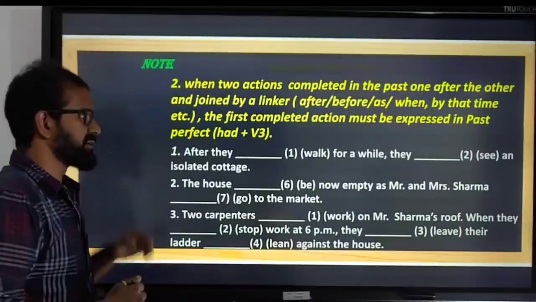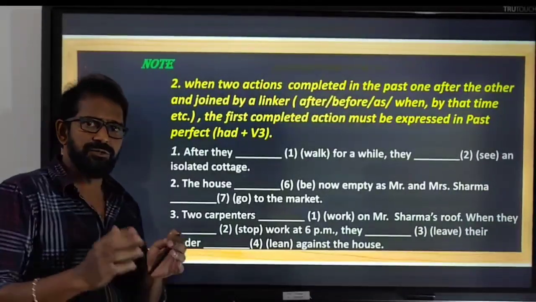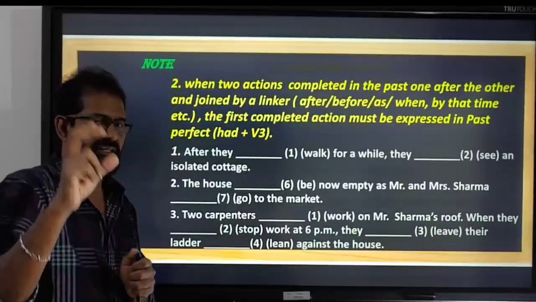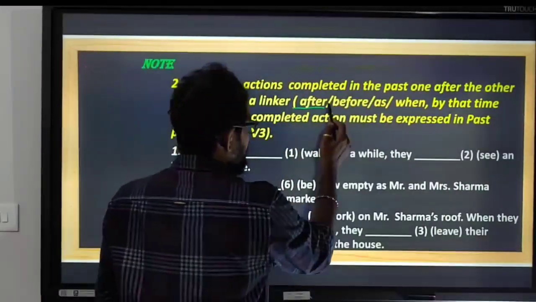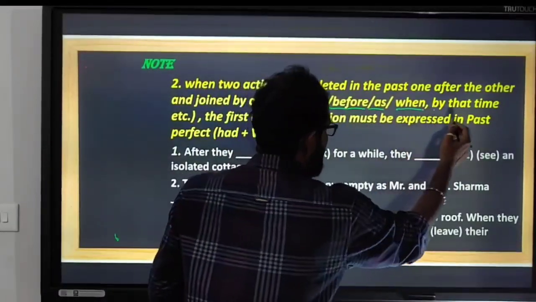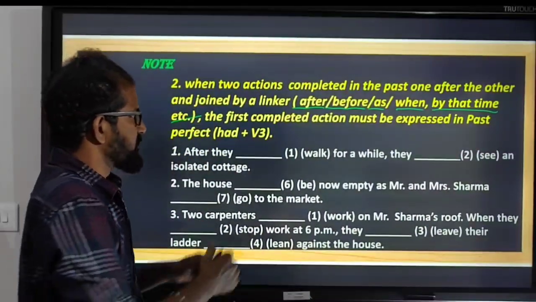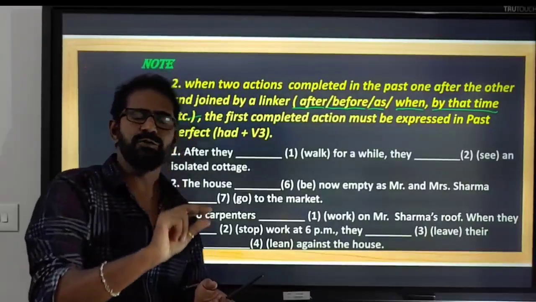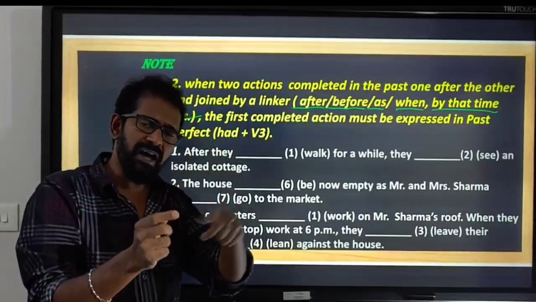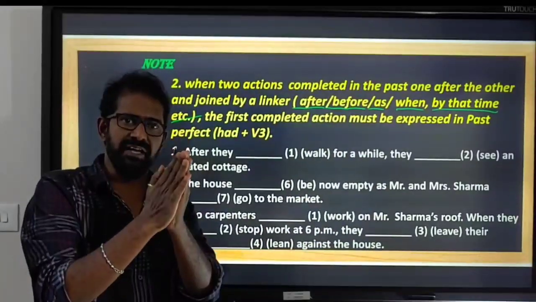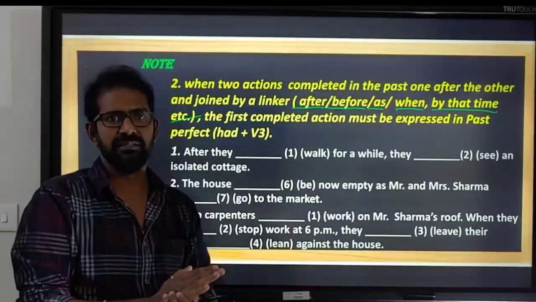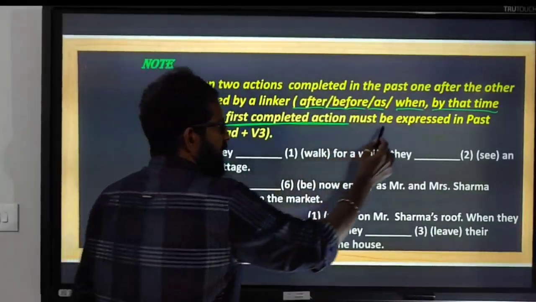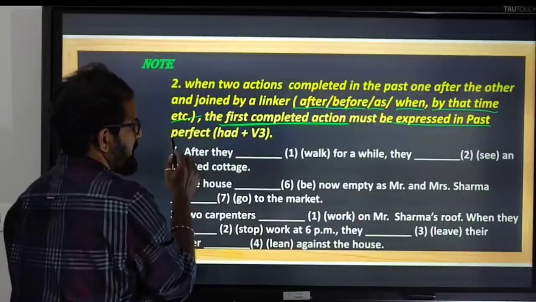Next very important point. When two actions are connected by a linker, what are the linkers? After, before, as, when, by the time, etc. If two actions are connected by a linker and these two actions happened one after the other, not simultaneously, the first completed action must be expressed in past perfect.